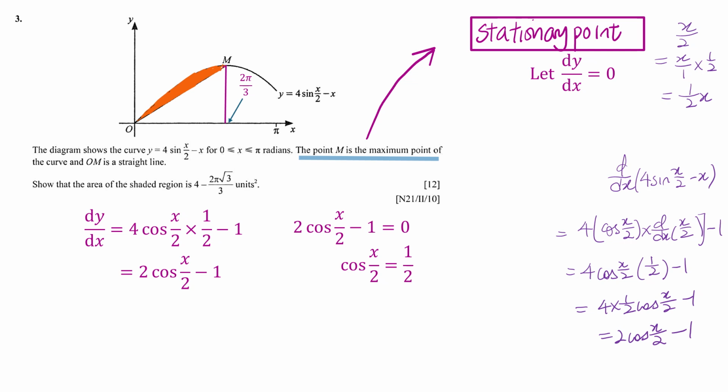Right, so to solve this trigo equation, let's find your reference angle alpha, which is cosine inverse half. And that gives you pi over 3. Now there are some other values. So x over 2 equals pi over 3, and therefore x is 2 pi over 3.